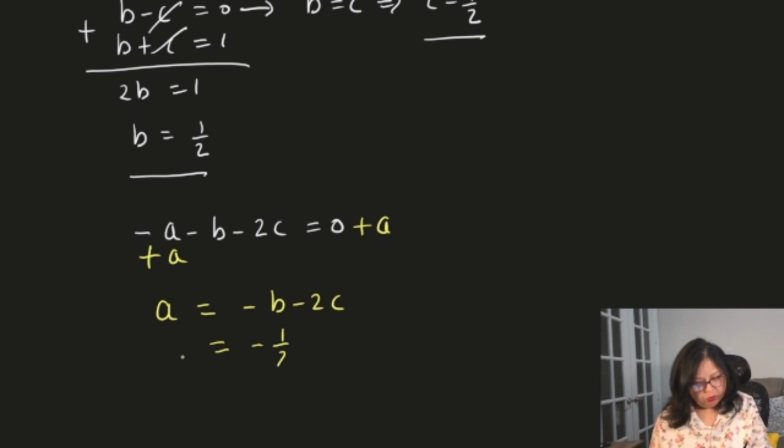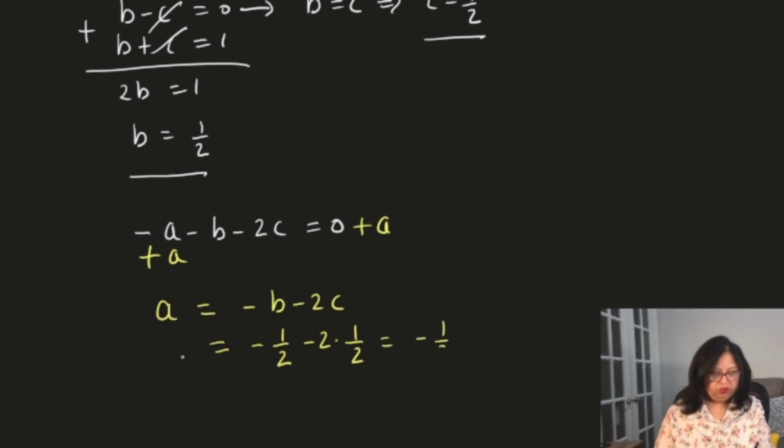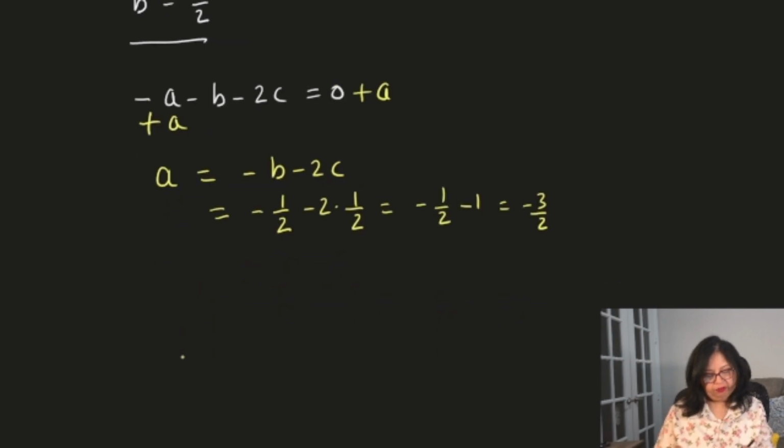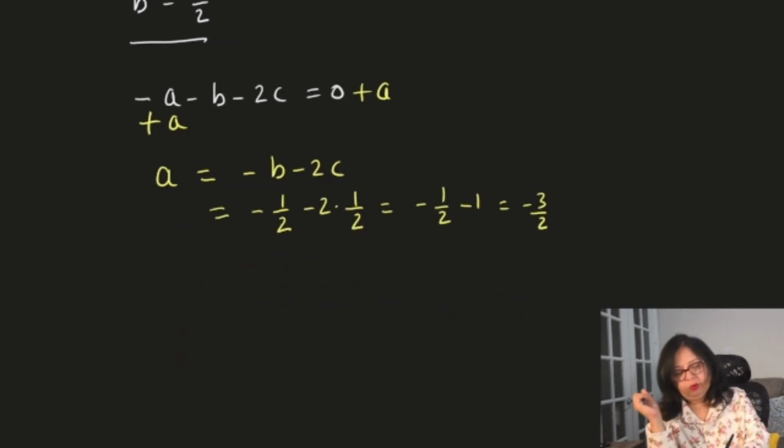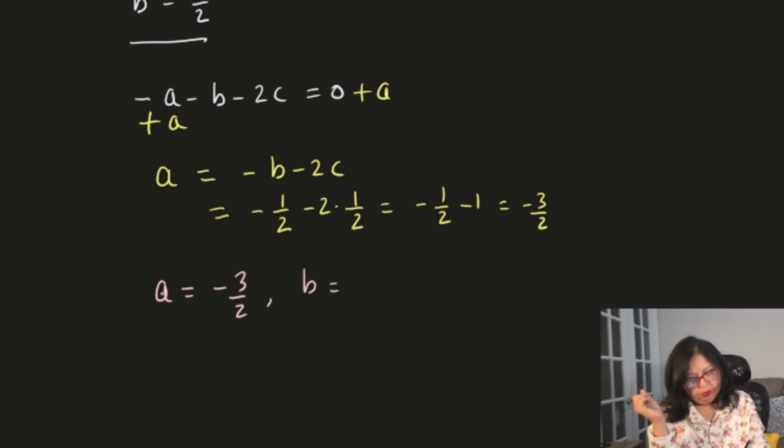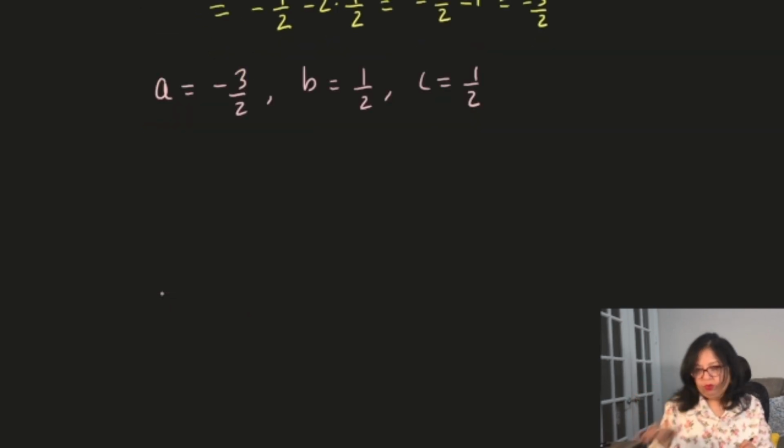So b is equal to 1 half and c is also equal to 1 half. This gives you a equals minus 1 half minus 1 equals minus 3 halves. So here now we have our a, b, and c. What are they? A is equal to minus 3 halves, b is equal to 1 half, c is equal to 1 half.